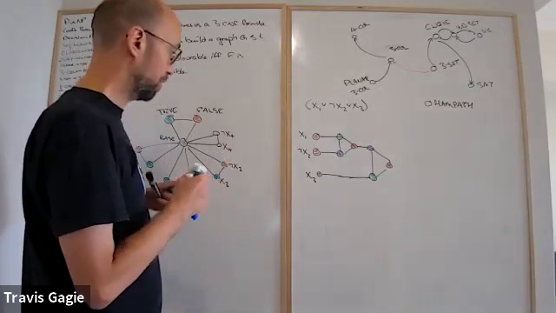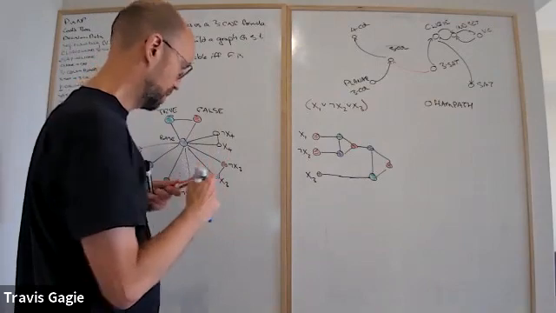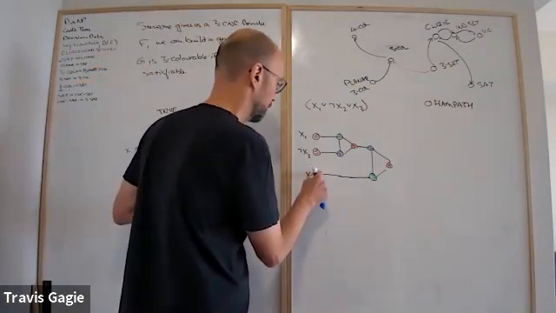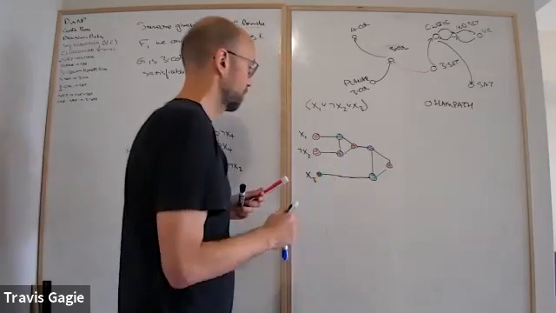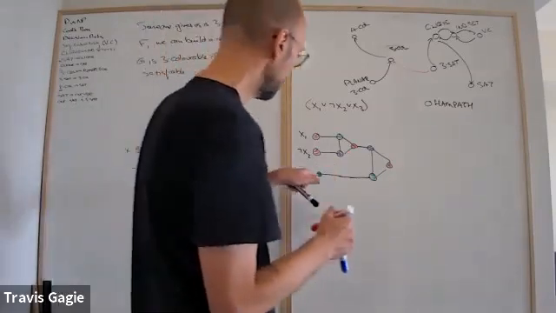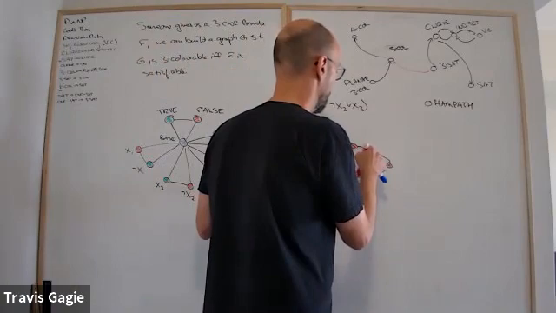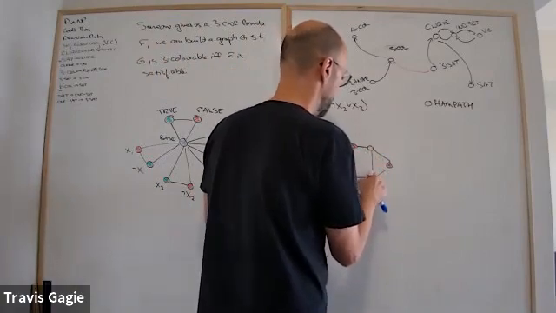So that means x3 is true. Now this is green, I don't know if you can see that, but it is green. So now this still has to be red.